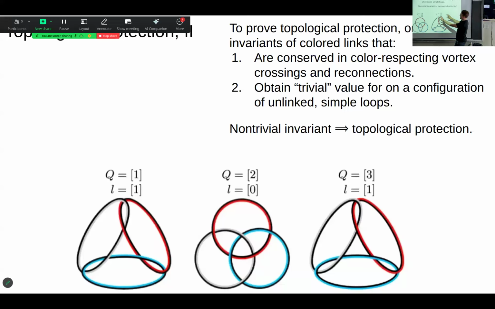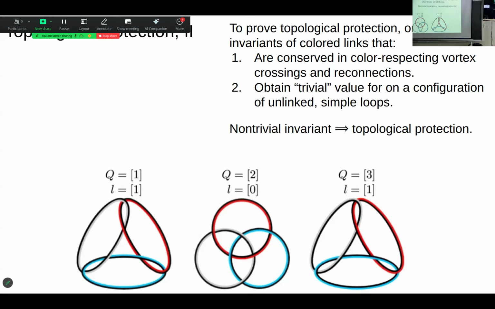Here we do have examples of three structures, and I have even shown their invariants. There are two kinds of invariants. The easier one is the L invariant, which is the linking invariant. It's computed by picking any two different colors, and then computing the total linking number between, let's say, gray loops and red loops.